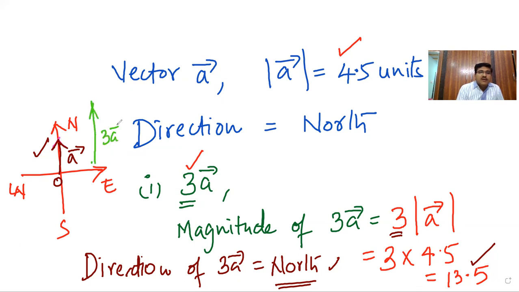This is the 3A bar, north only it is showing, and magnitude is 3 times more than this. Okay. Now second, what is it asking? The second is minus 4A bar.